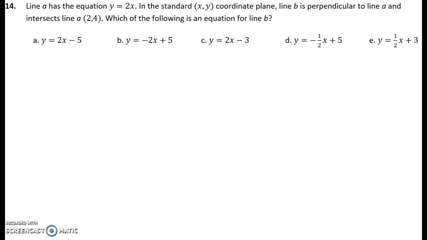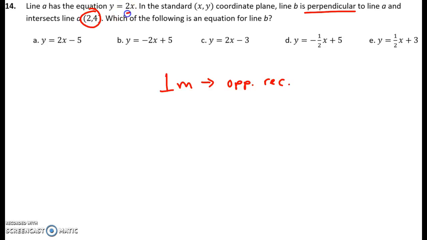14 says line A has the equation y equals 2x in the standard coordinate plane. Line B is perpendicular to line A and intersects line A at the point 2, 4. Which of the following is an equation for line B? Well, if it's perpendicular, remember your slope is the opposite reciprocal.